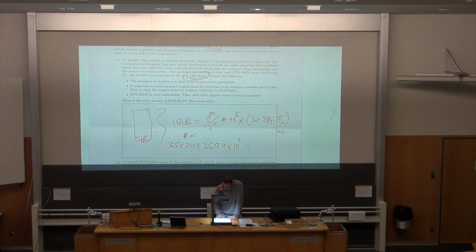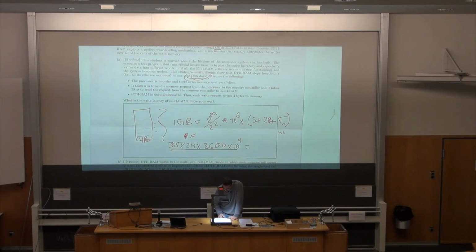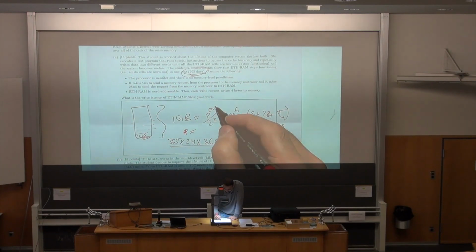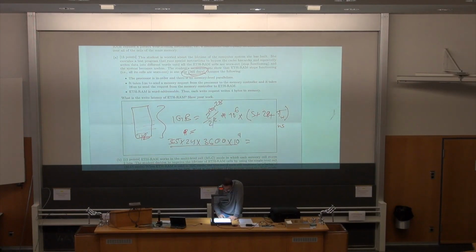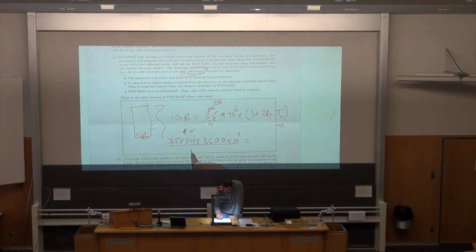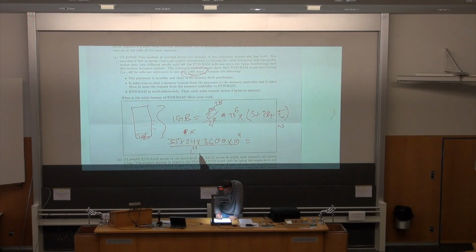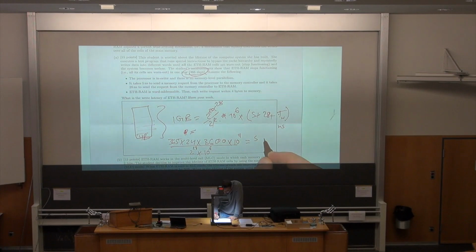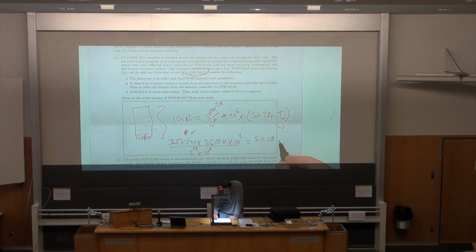So basically you could divide this over 2 to the power 28 multiplied by 10 to the power 6. This will give you 5 plus 28 plus the t, right?